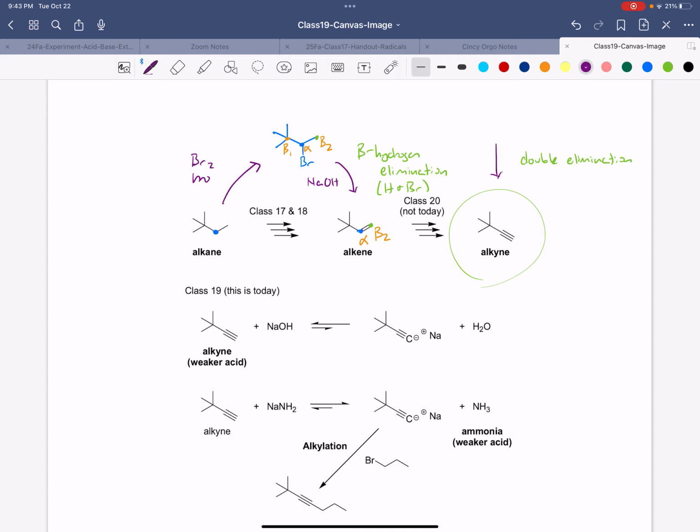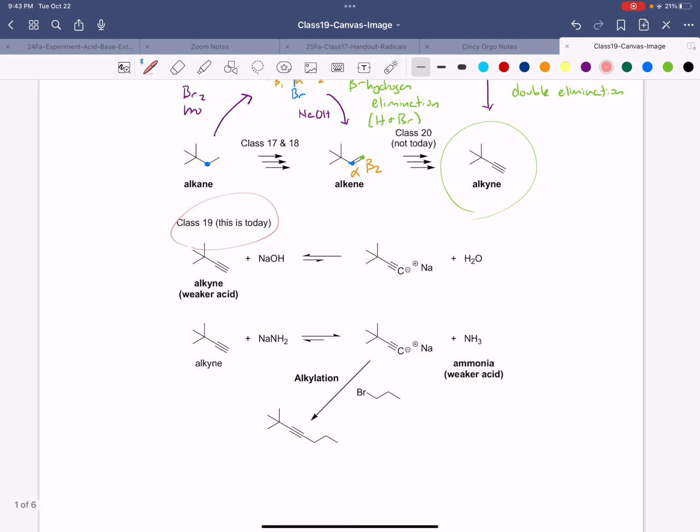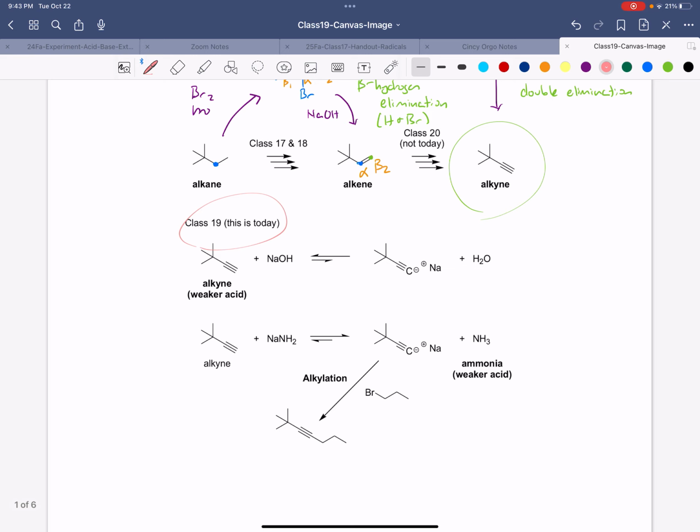What is today? Today is down here, and we're going to do some acid-base chemistry. So acid-base is still very important. We have to know equilibrium favors the weaker acid. The stronger the acid, the more stable the conjugate base.